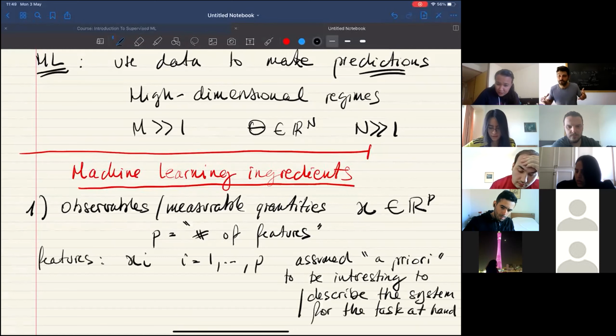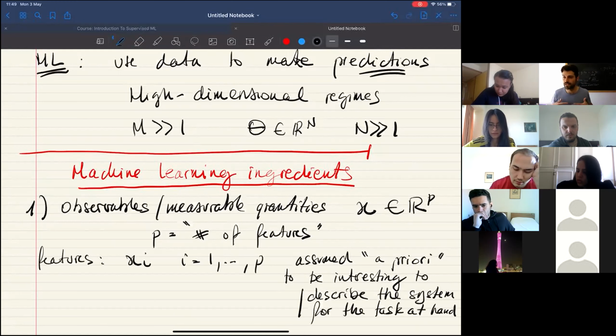Okay, so features are things you can access. These are data you can gather that you think may contain information connecting to some task you want to solve. So let's take one example.